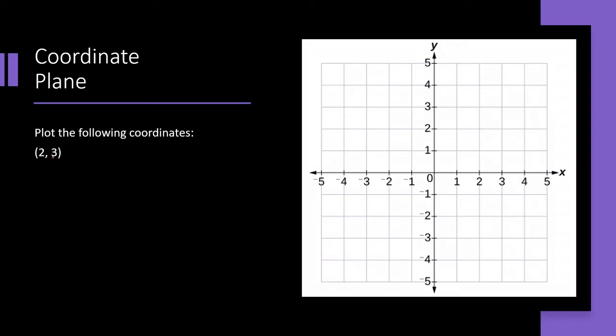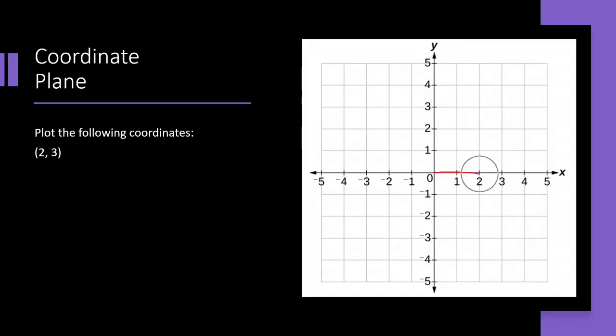To plot this ordered pair, remember that I'm always going to start right here on the origin, the 0. And then I'm going to start with the x numbers, because this is the first number. The 2 represents the x-axis. So I'm going to take this route, 1, and then I'm going to stop right here on the 2.